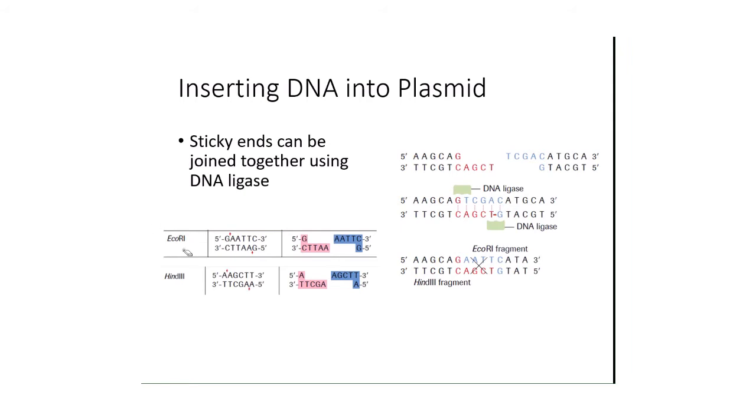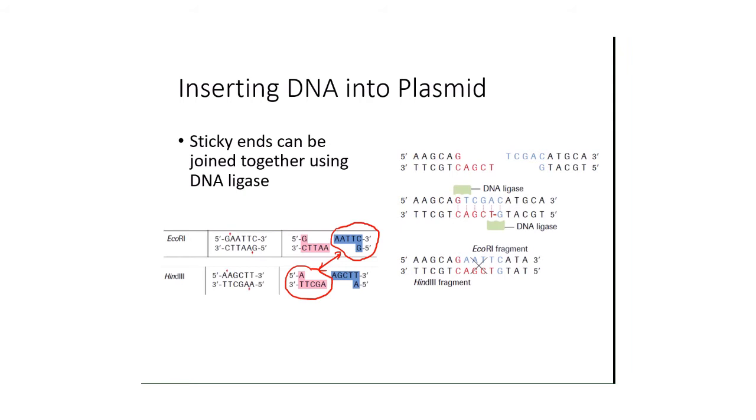So for example, EcoR1 creates sticky ends, and HindIII also creates sticky ends, but this sticky end will not be able to glue together with this sticky end because they are not complementary, right? So if you try to put them together, you can see we have a severe mismatch here, right? A doesn't go with A, and you know G doesn't go with A, so this will not be able to glue together even if you supply DNA ligase.